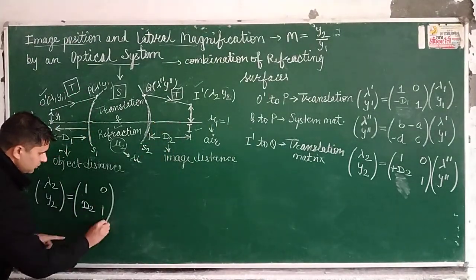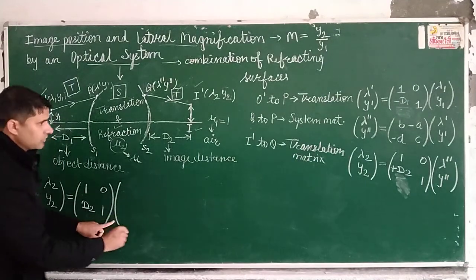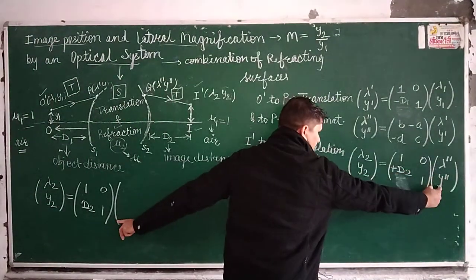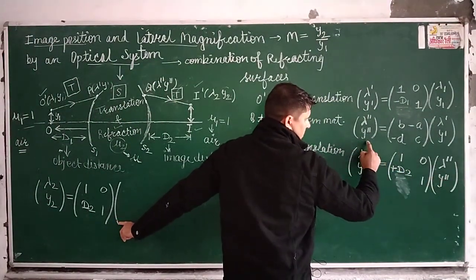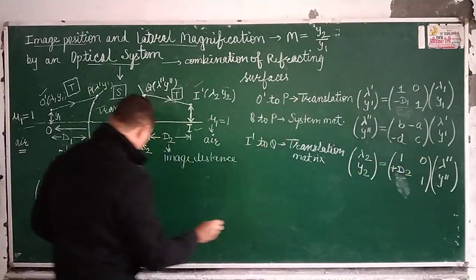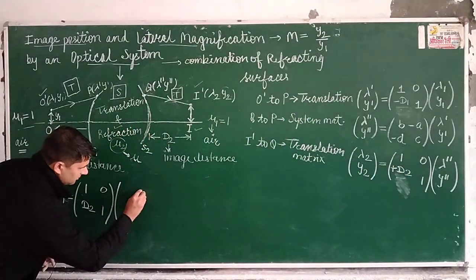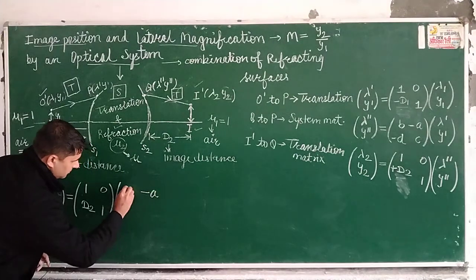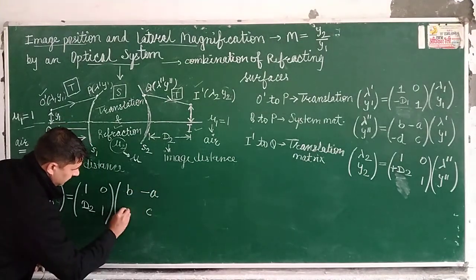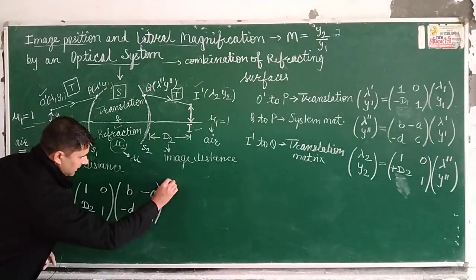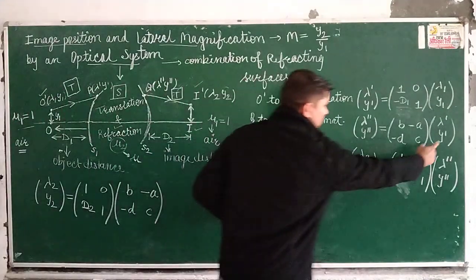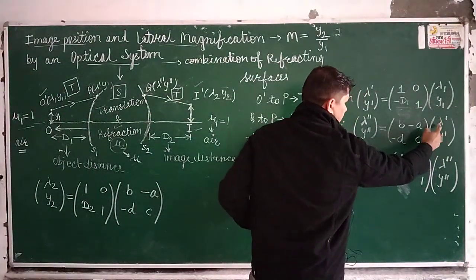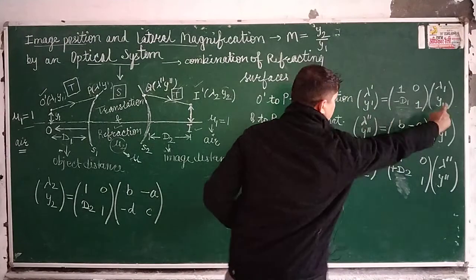So here you will write 1, and then you have the coordinates lambda double dash, y double dash, and for this matrix you can write this one. So here we will write minus a, b, c and minus d, and then you have lambda dash and y dash, and in place of lambda dash and y dash you will write this one.